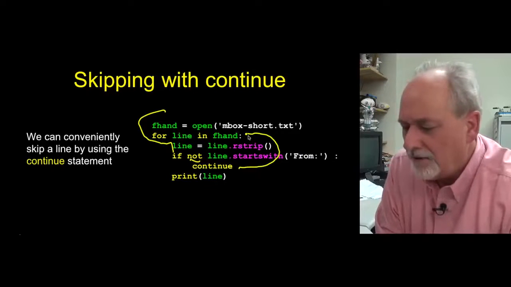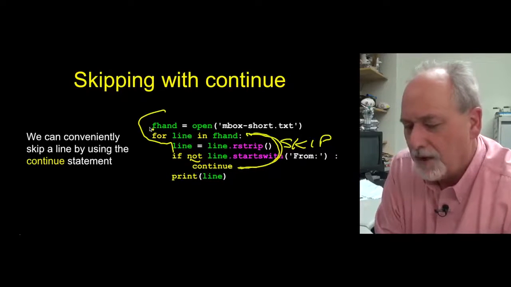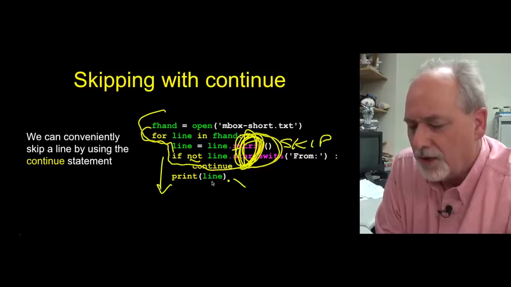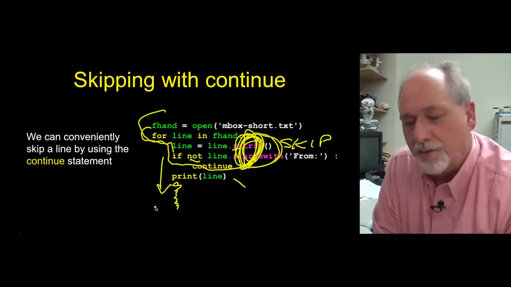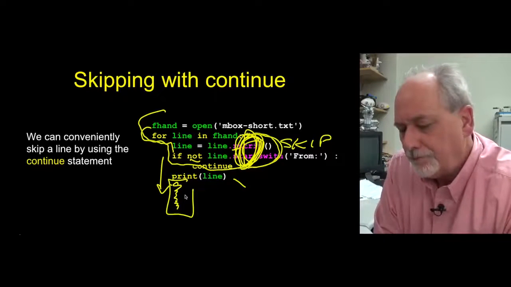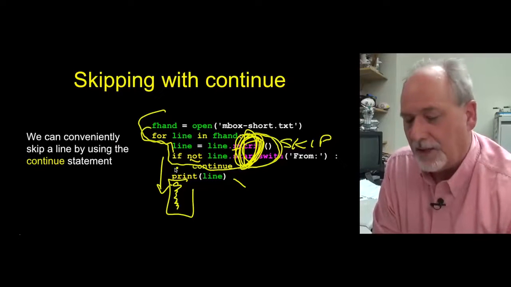So basically we have a skipping pattern. The lines we're not interested in, we skip. So we come down, we skip a lot of lines, and then we find a line that's good, and then we fall through. This is the good code, and then we have all the other good code that we want to do to that line. So there's just two patterns, two ways to do the exact same thing.